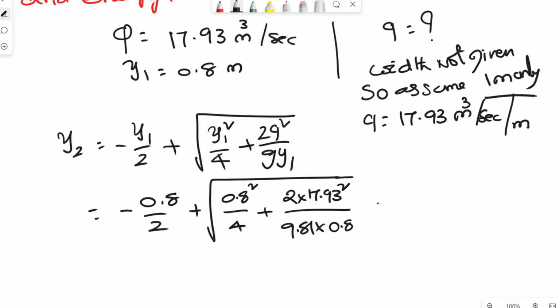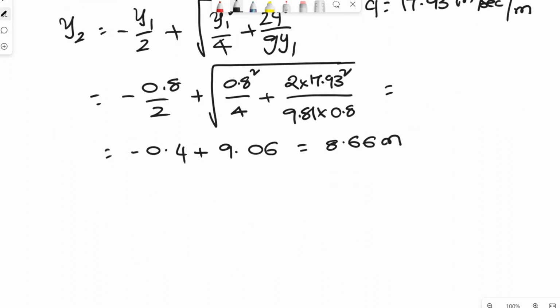There is nothing, the only thing is you need to calculate. The more problems you do, the easier it will be for you to do these things. Now, if you do it, it is minus 0.4 plus, and if you do all that, it will be 9.06, so y2 will finally be 8.66 meters. Now what is next?